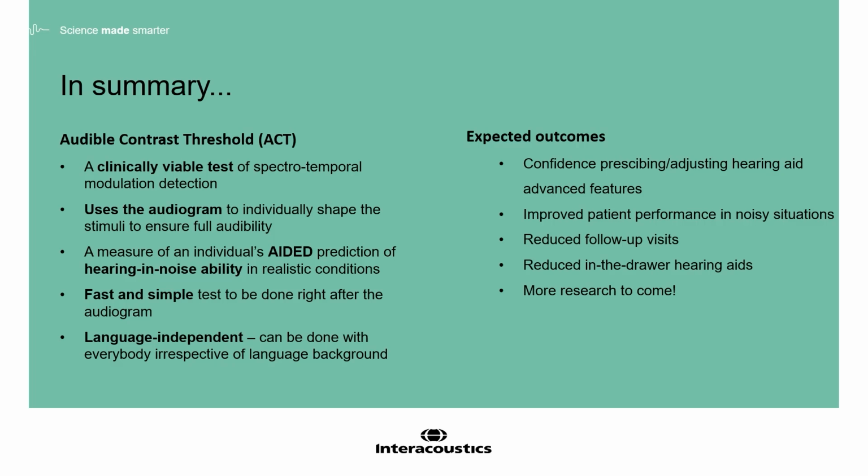It is a fast and simple test. It takes on average 2 minutes. It can be done immediately after the audiogram. And it is a language-independent test, meaning it can be done on every patient, irrespective of their language background. If a patient is able to follow pure tone audiometry instructions, they'll be able to follow ACT instructions.